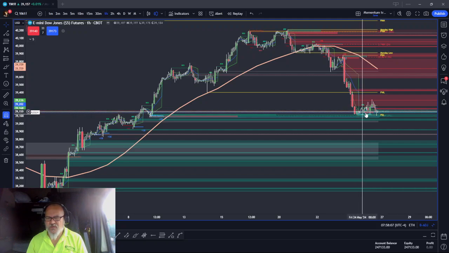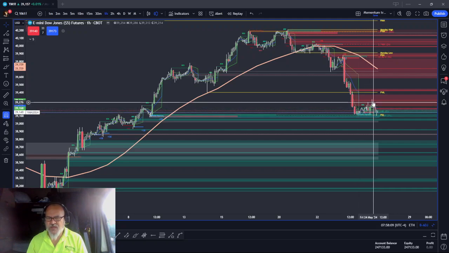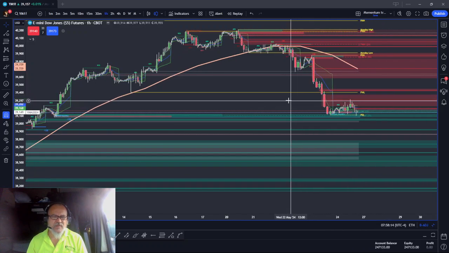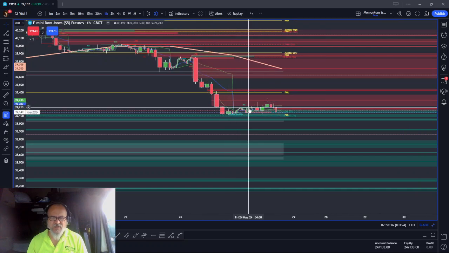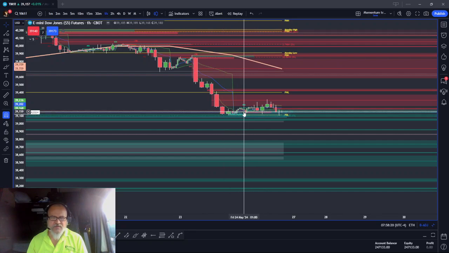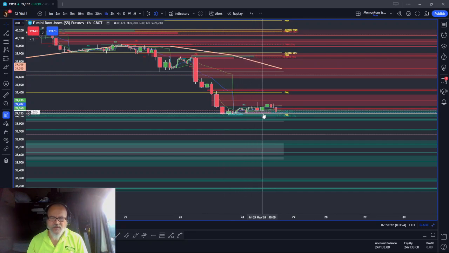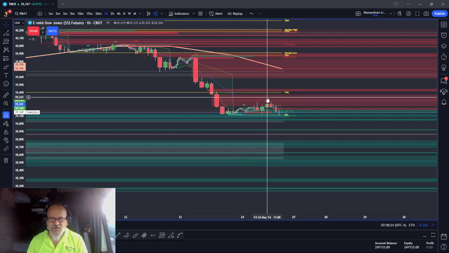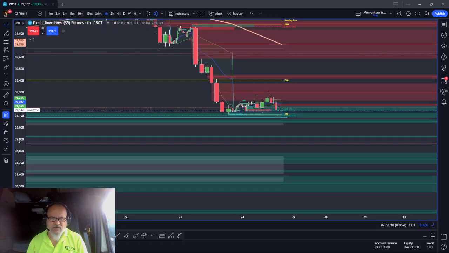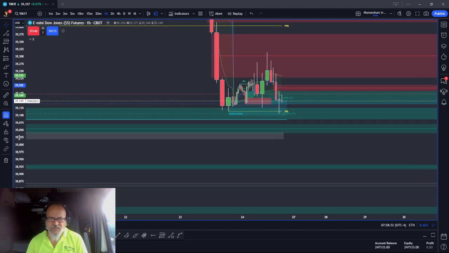We did have a manipulation move happen on the Dow Jones after all the consolidation. We pushed down, took out all the longs, then we pushed up, took out all the shorts, and then we came down and actually took out that sell side liquidity that was sitting down there.